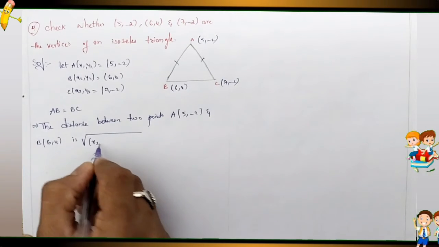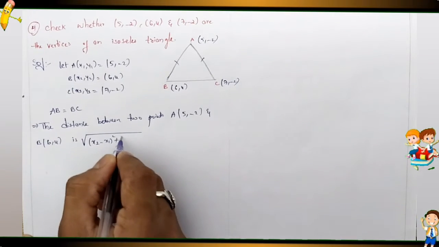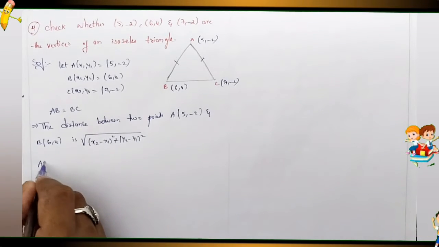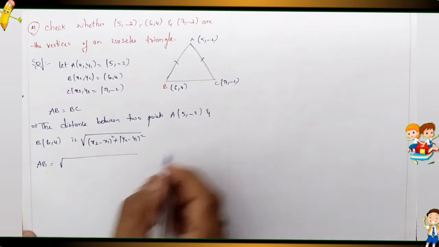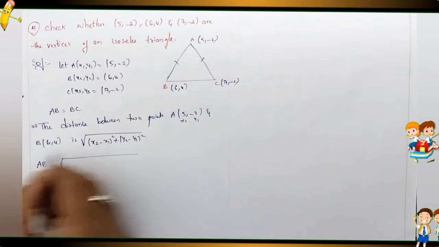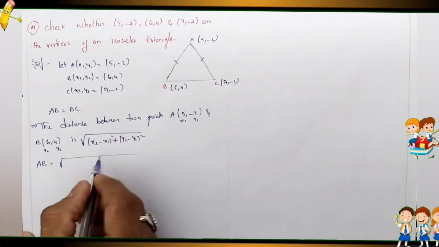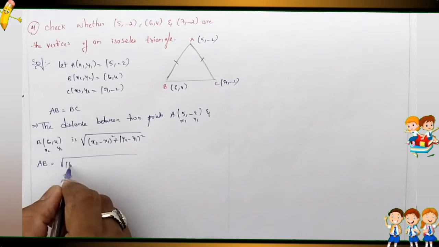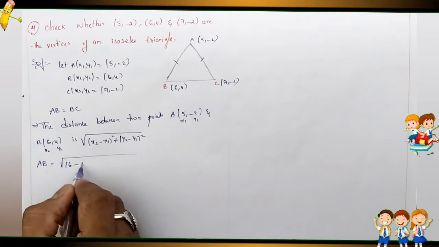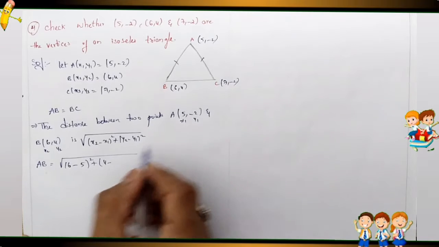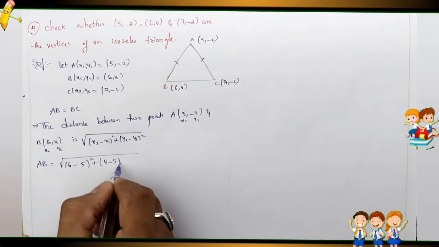Square root of (x2 minus x1) whole square plus (y2 minus y1) whole square. Now for AB, this is x1, this is y1, this is x2, this is y2. What is x2 here? x2 is 6 minus x1 value 5 whole square. Next, y2 value is 4 minus y1 value.